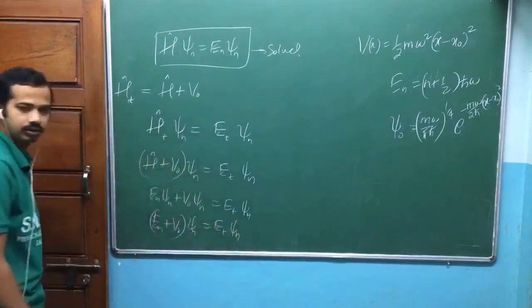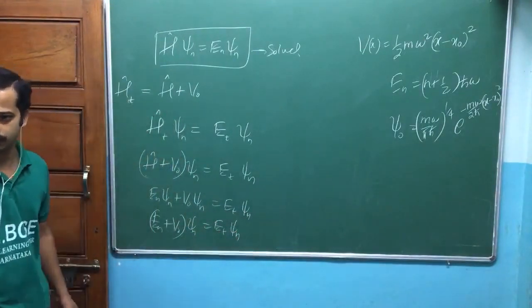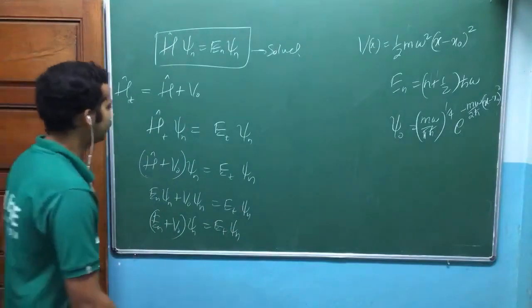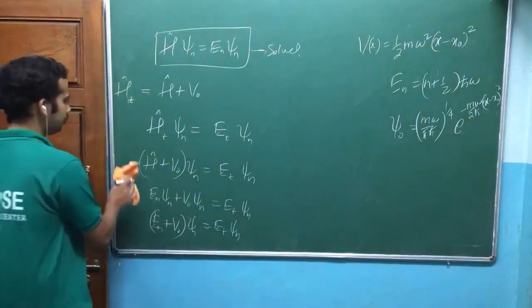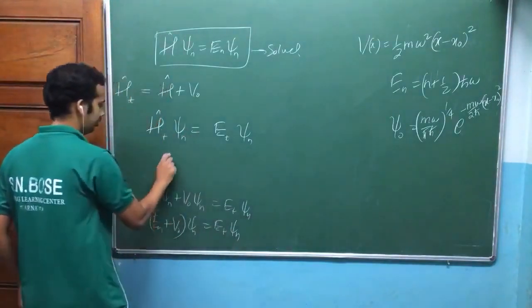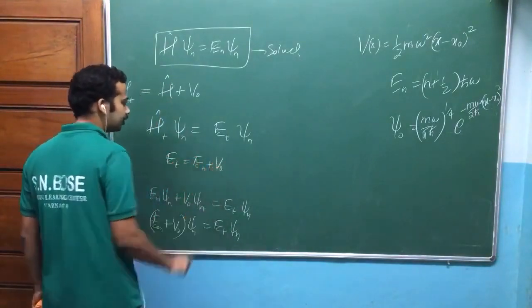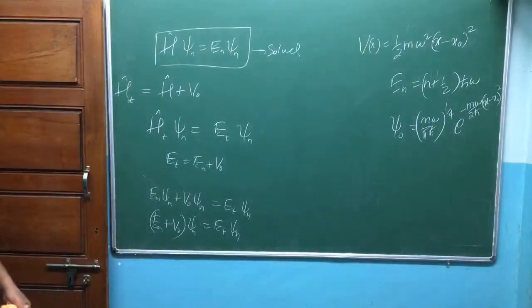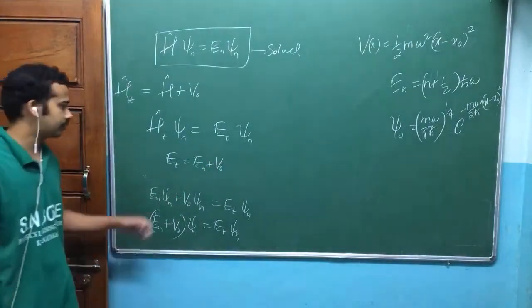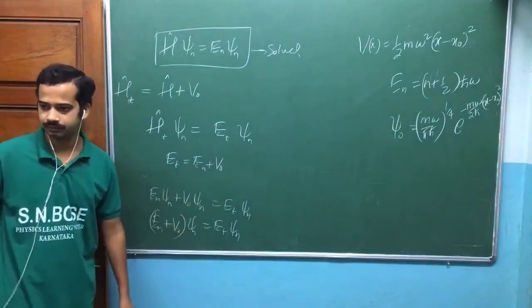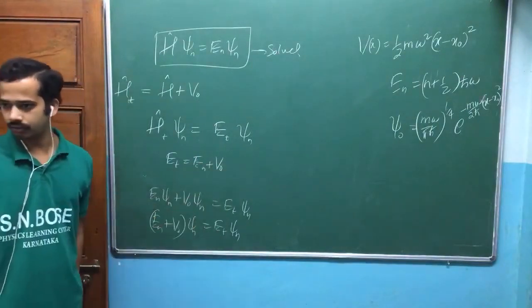What is E total? E total is equal to En plus V0. That's why adding a constant to the Hamiltonian leads to adding that constant to the total energy.